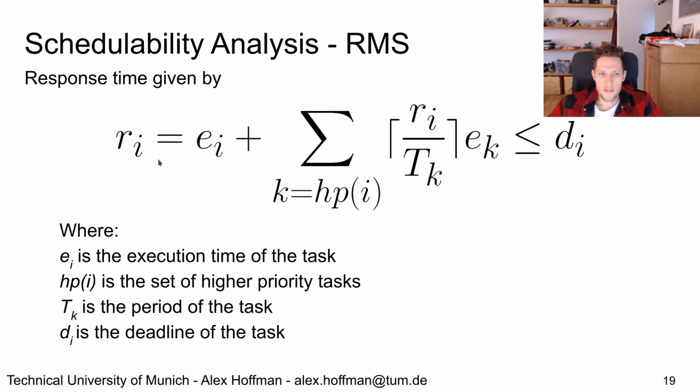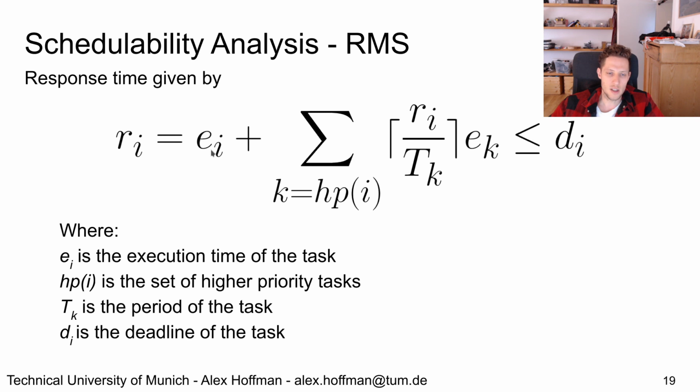And so now we have the formulation of how the response time is calculated. If we think about this logically, we have the actual execution time the task will take, plus the sum of the possible delays that we can incur, meaning the execution time times the portion of the CPU time that this task will run.